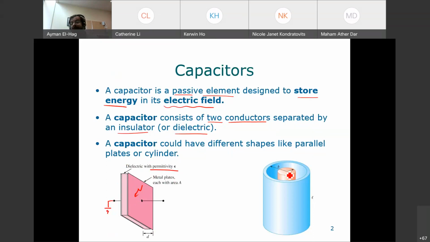Or it could be coaxial. The inner conductor is the one that will be energized with electricity, the outside is grounded, and in between them there is dielectric material with the permittivity, which is a property of the dielectric material, and I will come to it.